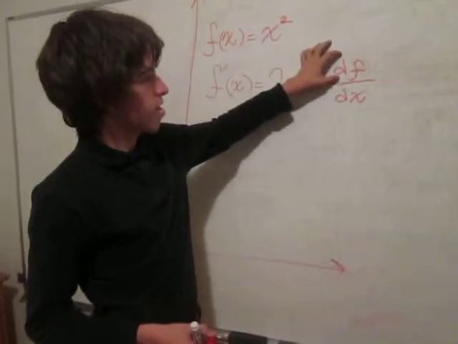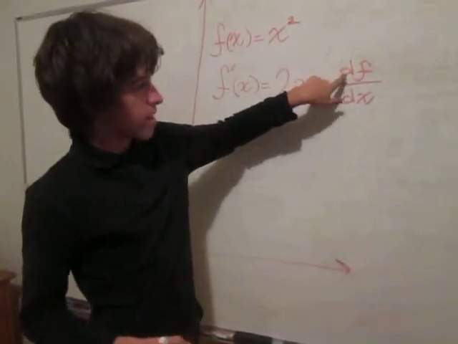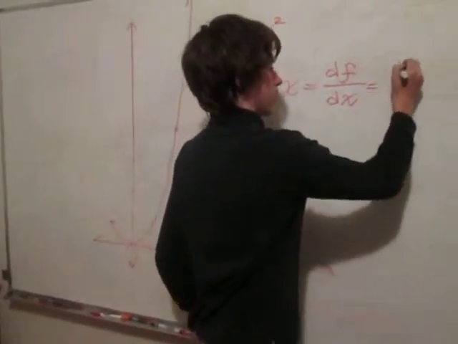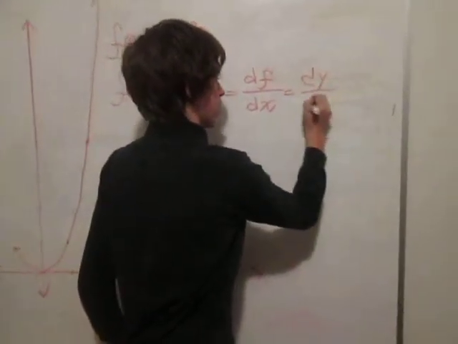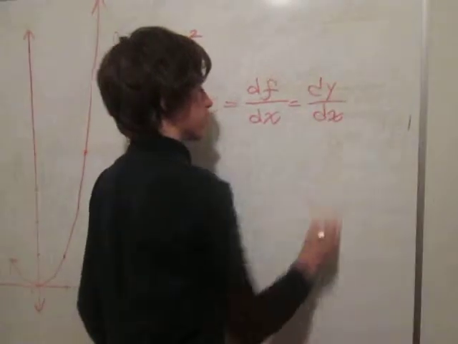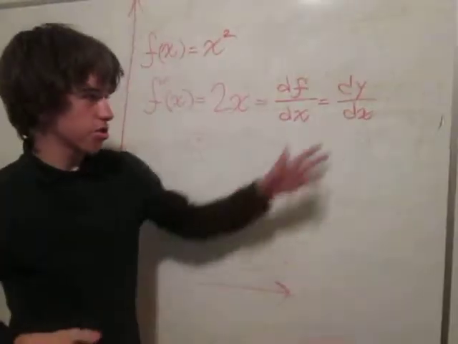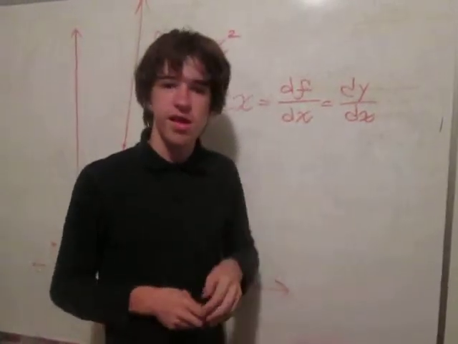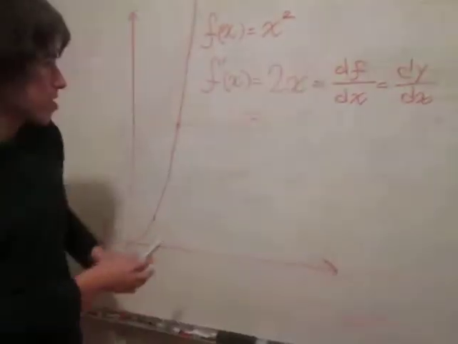That's what it means. And so, this is basically delta y over delta x. This can also be written as dy over dx. And it's basically just the rate of change, delta y over delta x, but infinitesimally. So in 1 point. Now, what does this mean?